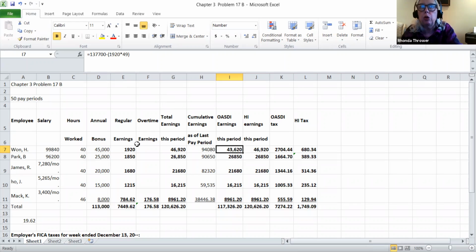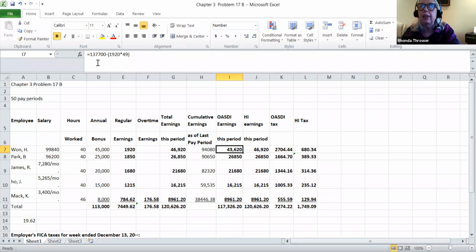So it's true that this employee got paid $46,920, but not all of this is subject to OASDI, because when you paid him all of it, he went over the base or the ceiling at $137,700. So you're only going to tax your employees on the amount of earnings up to $137,700 and not above that.